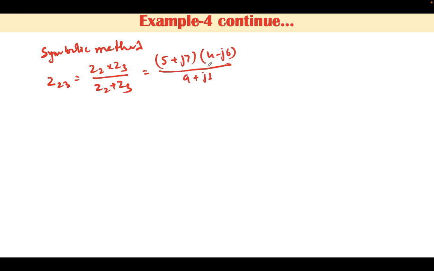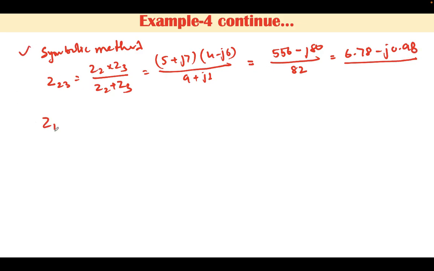On solving, the resultant value is 556 minus j80 divided by 82, which is equal to 6.78 minus j0.98, and this is the same as the impedance we calculated using the admittance method. Symbolic method and admittance method give the same value of Z23.